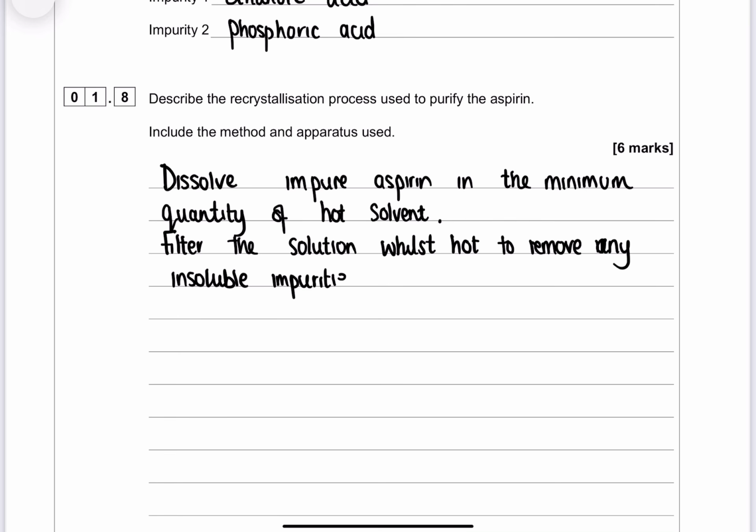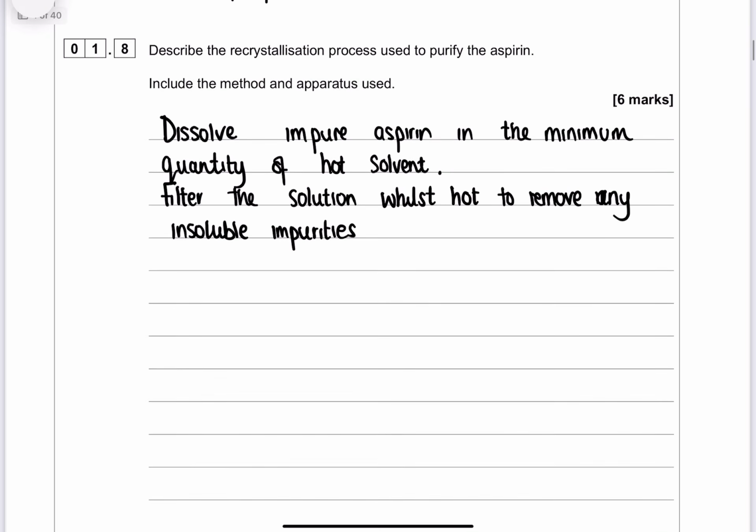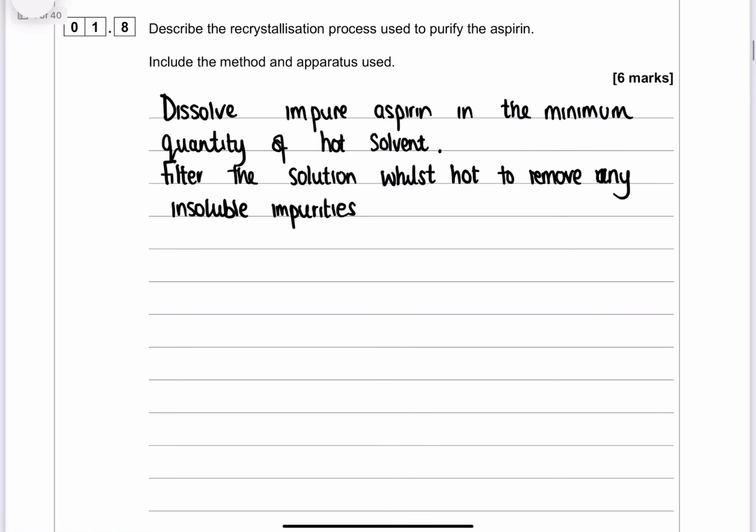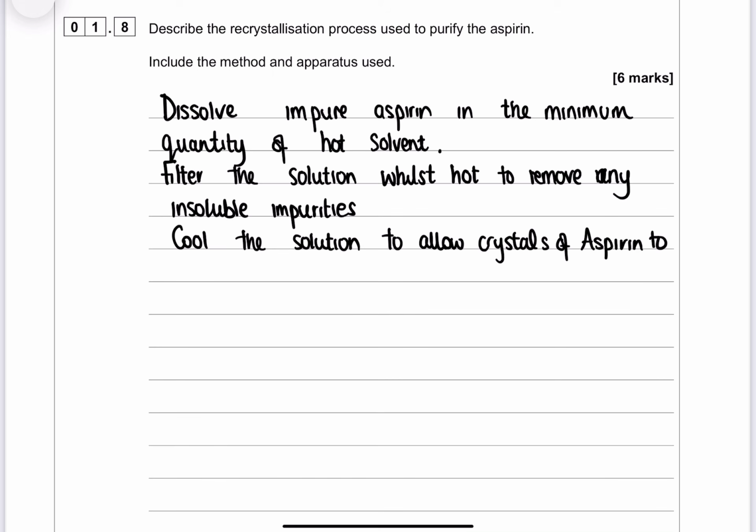Now you've got this solution that's been filtered of any bits that hadn't dissolved. You need to allow it to crystallize, so you want to cool the solution to allow crystals to form. And these are our crystals of aspirin. And then we're going to filter it again, but this time under reduced pressure, the Buchner funnel.